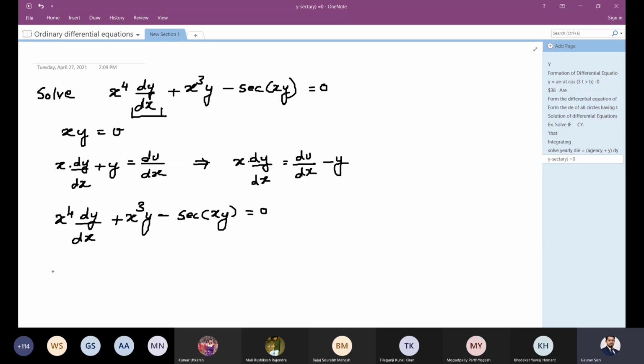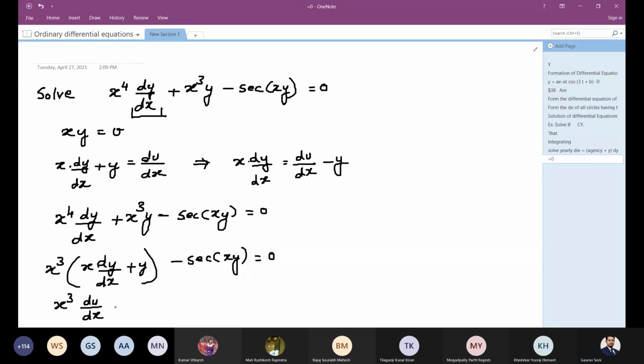So I'll take x cube common. What I get, x into dy by dx plus y minus sec xy equal to 0. So x cube, x into dy by dx plus y is nothing but du by dx minus sec u equal to 0.